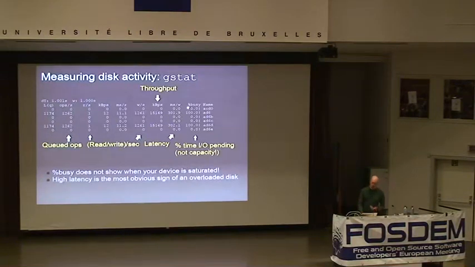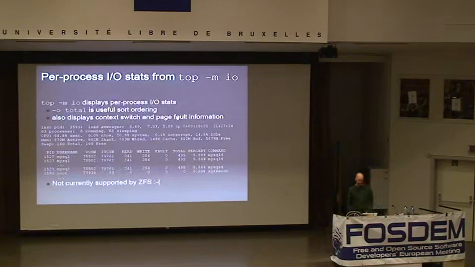And so percent busy only tells you what percentage of the time the disk was doing something. It doesn't tell you how hard it's working. This is a very common misconception when people look at GStat. They think my disk is 100% busy, whereas actually it may be able to do a lot more work by queuing up operations. So the latency is the key thing to look at there.